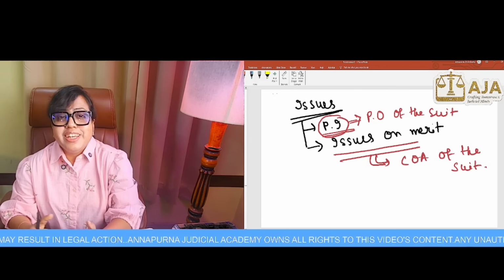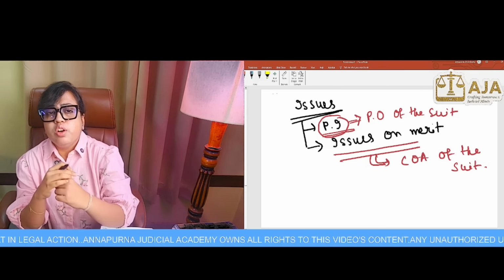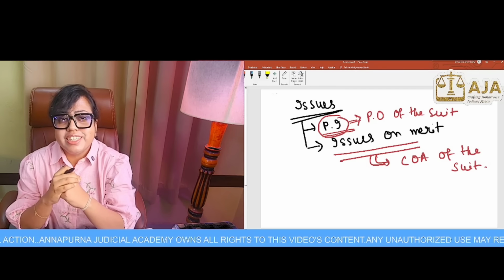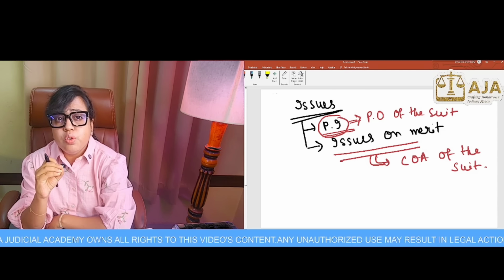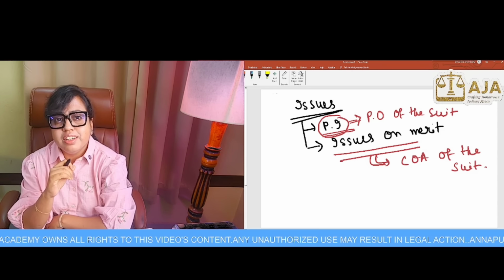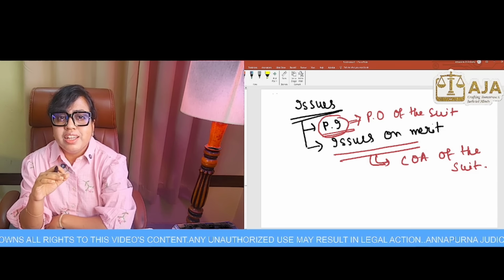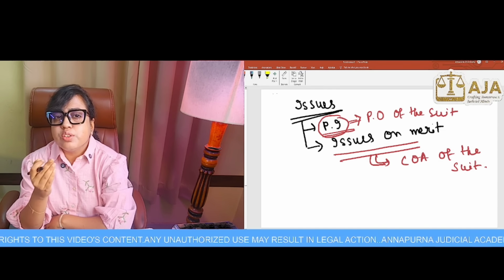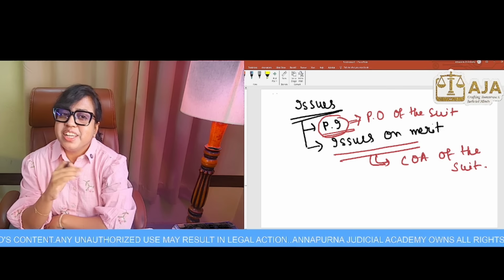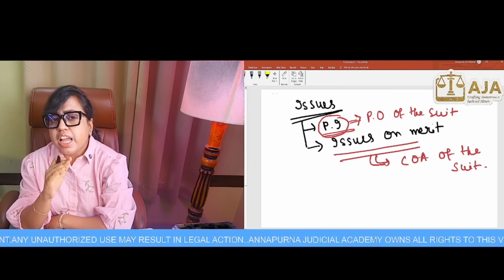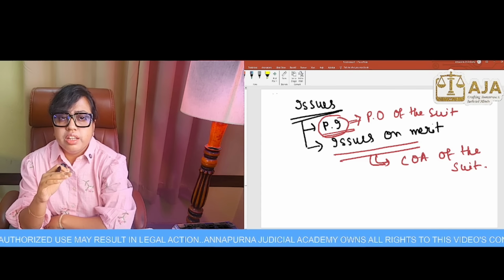Now you may ask me, what is cause of action? If somebody asks you what is your cause of action, never say that Mr. X, Y or Z has violated your legal right. This approach is not right.